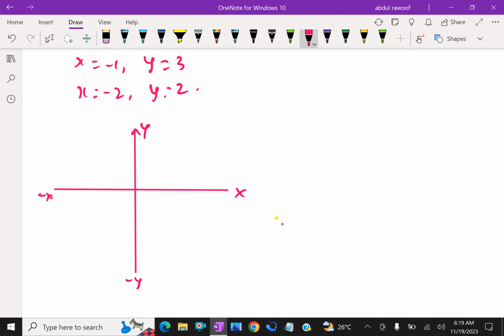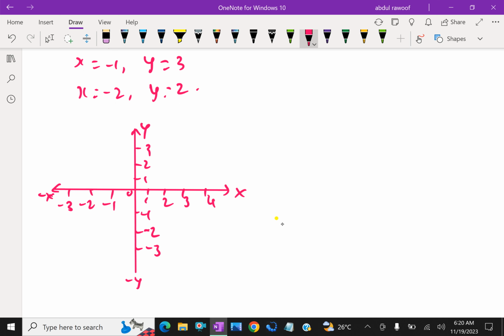We are marking some points on the x-axis and y-axis: 1, 2, 3, 4, negative 1, negative 2, negative 3, and similarly on the y-axis.